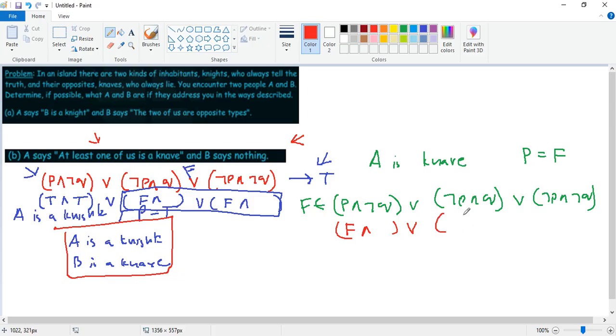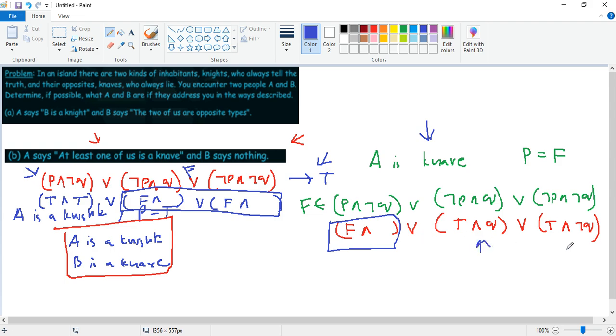Now not P is true, so true and Q, or not P will again be true and not Q. So for this to be right, if our assumption is correct that A is a knave, then this whole thing should be false. This is anyway false, so that's fine.